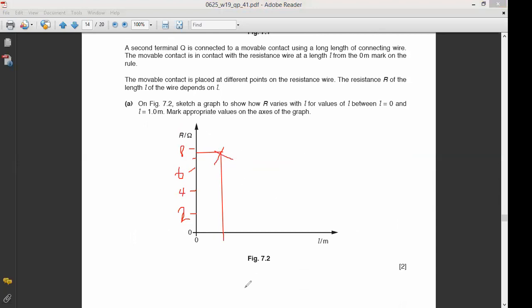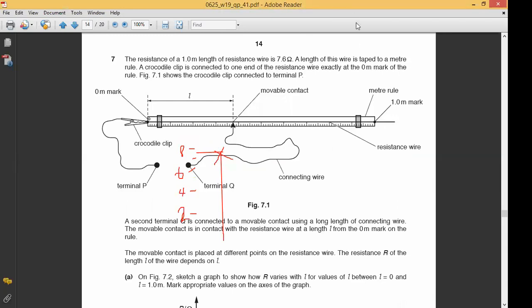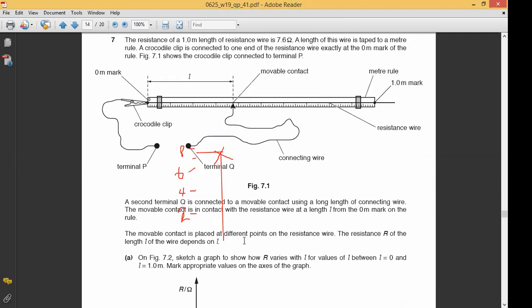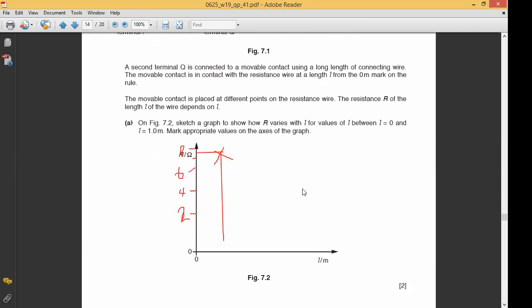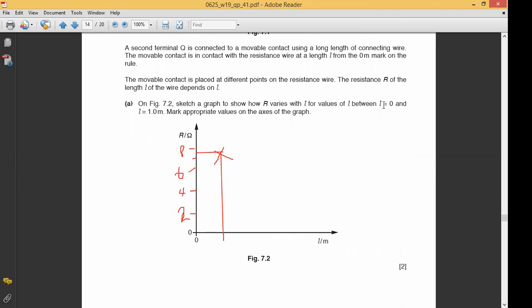Now I'm trying to be as detailed as possible. A length of this wire is taped to a meter rule, exactly at the zero mark of the rule, directly connected to P. Sketch a graph. L is zero. When it was at zero, what is the resistance?